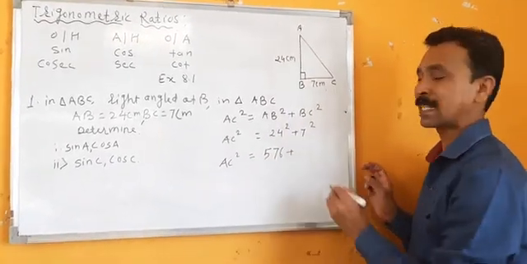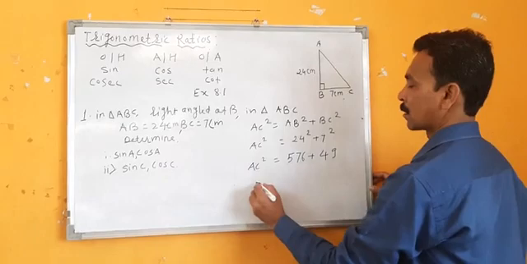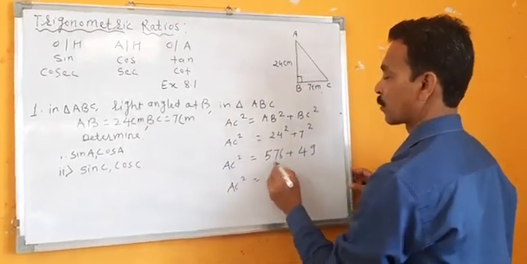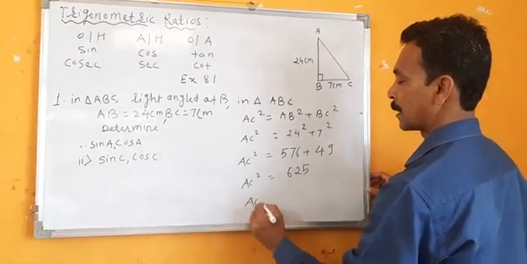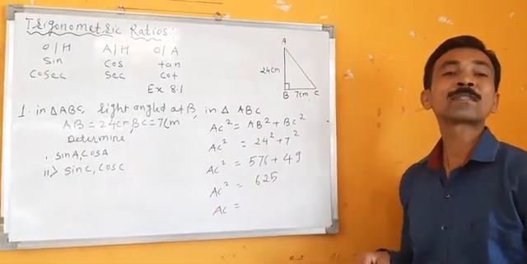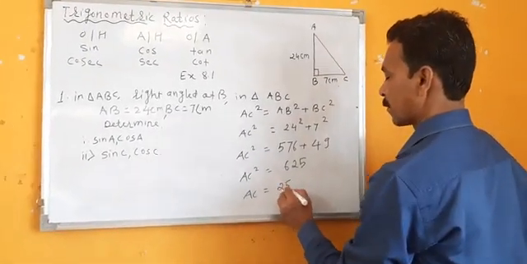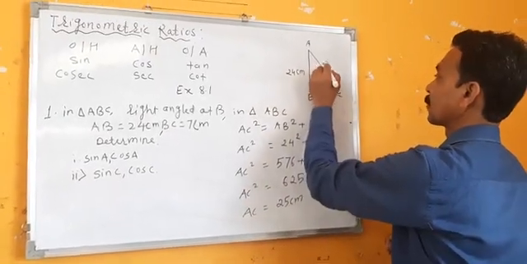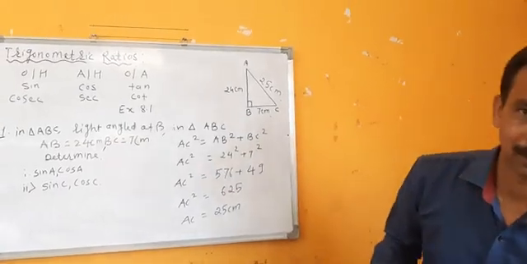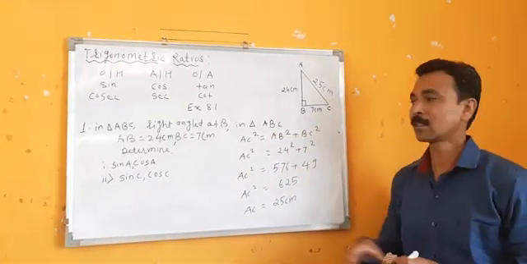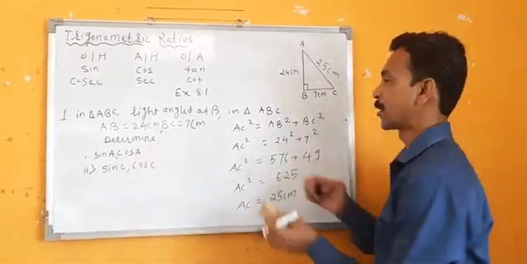What is square of 7? 49. AC square is equal to 576 plus 49 is 625. AC is equal to, what is square root of 625? 25. So AC is 25 centimeter. Now once we get the third side, we can start finding the ratios.